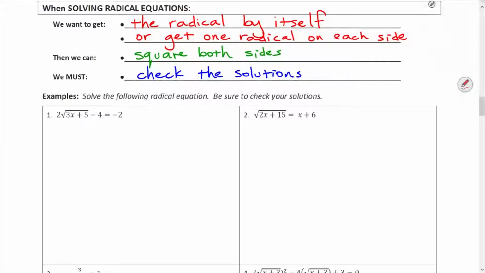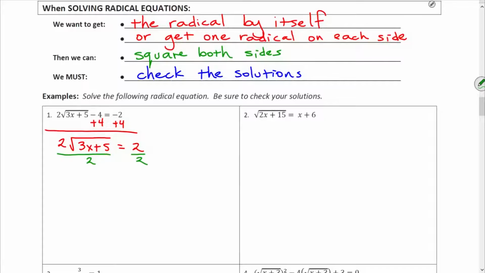In number 1, I'm going to get the radical by itself. I will first do that by adding 4 to both sides, and I get 2 root 3x plus 5 is equal to 2. Now at this point I have 2 options. I can divide both sides by 2, and that's what I'll do here, because I don't get any really nasty fractions.